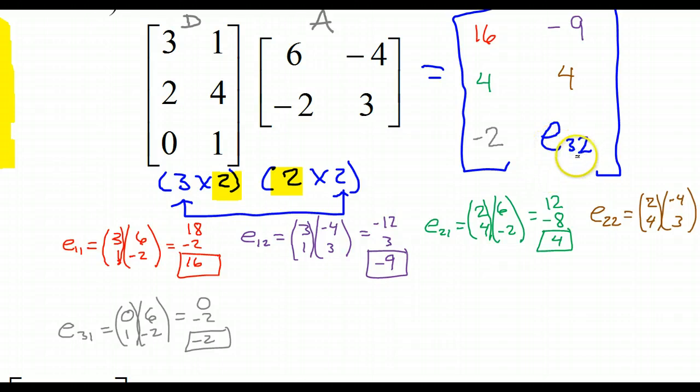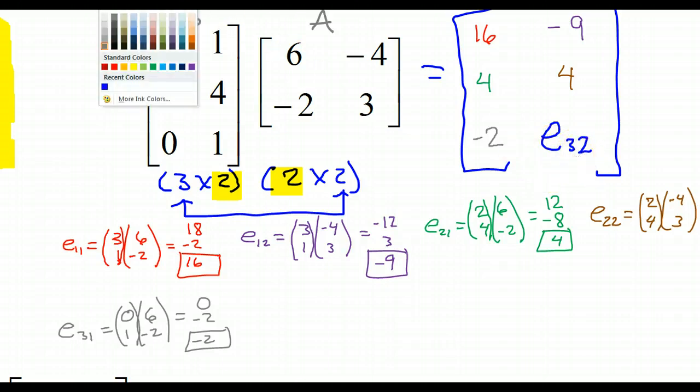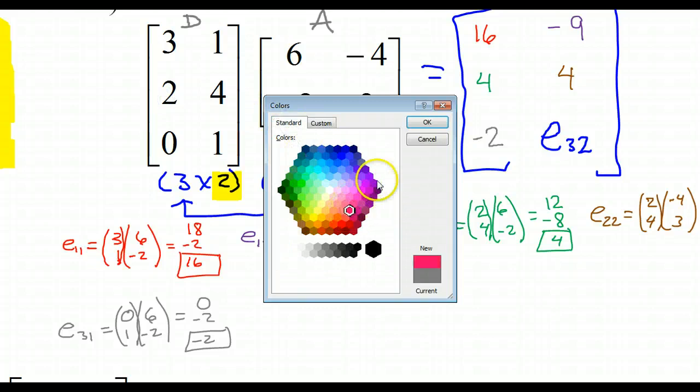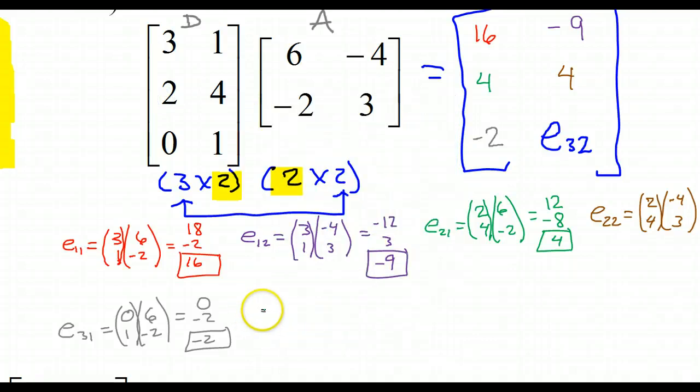Okay, how about element 3,2? That's row 3, column 2. So row 3, that's 0, 1. Column 2, that's negative 4, 3.